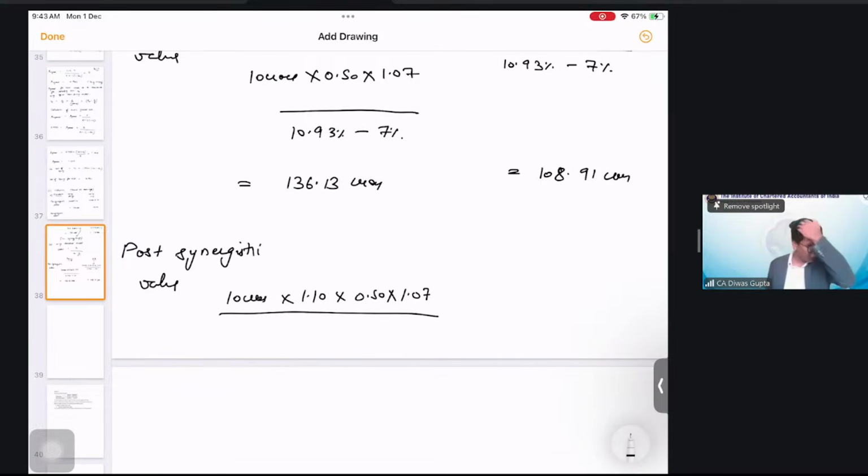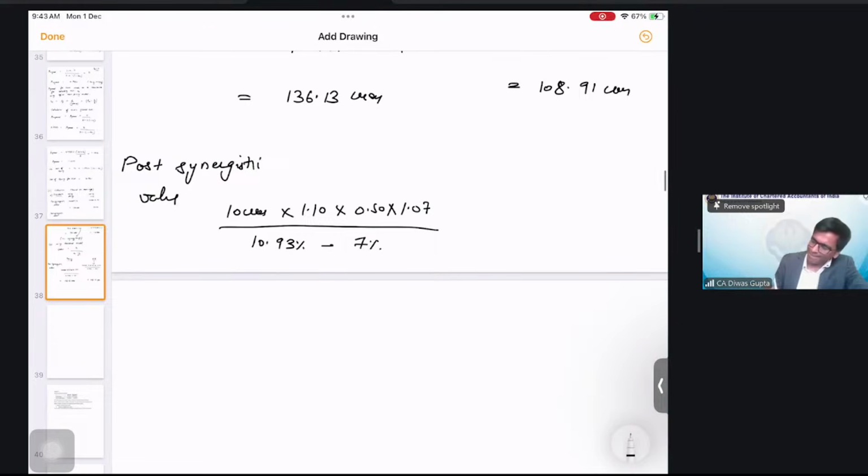Correct? Growth rate for calculating it after 1 year. And this divided by 10.93% minus 7%. So this becomes 149.75 crores.